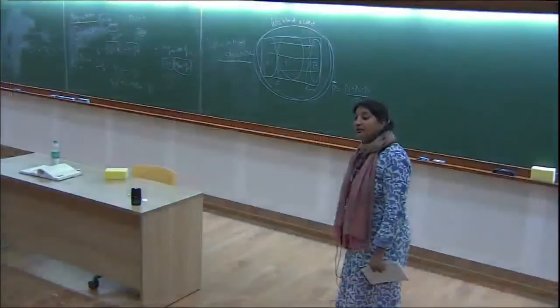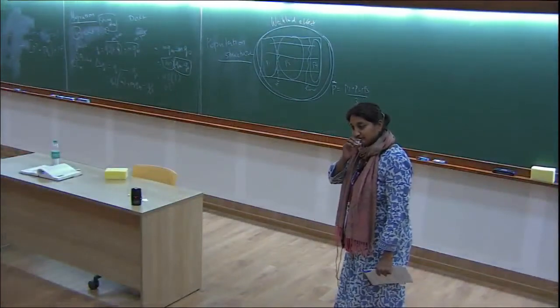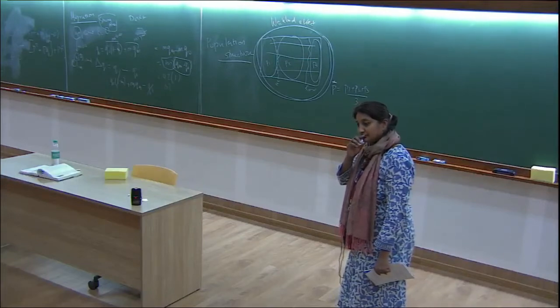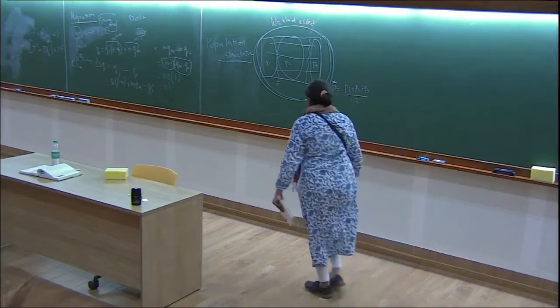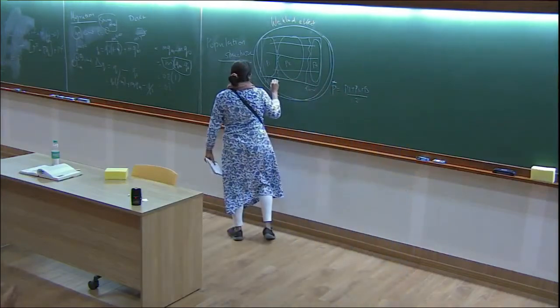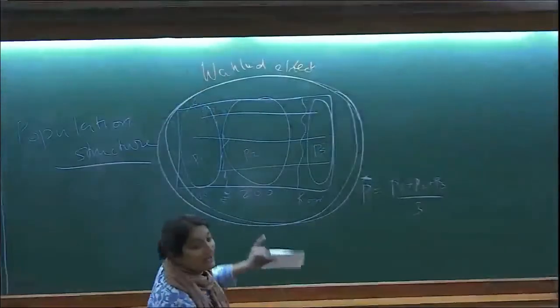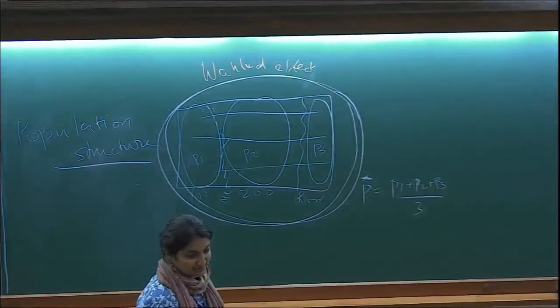Frequency is usually less than 1. That's the point. This is not 100, 200. This is normalized for the number. P is normalized for numbers.